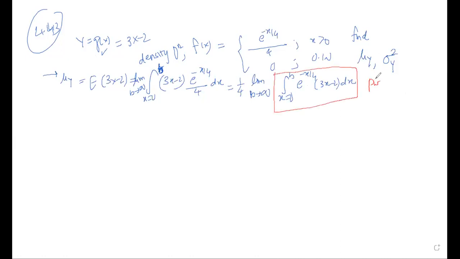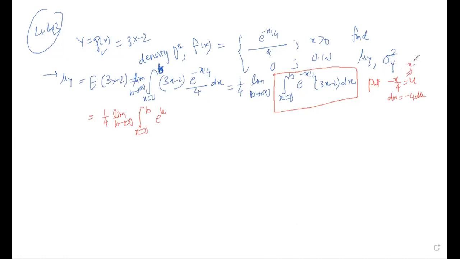Okay, so I would like to use over here negative of x by 4 is equal to u. So naturally dx is equal to negative of 4 du. If you plug this value over here, you're going to get that is equal to 1 by 4 and limit b tends to infinity and integration x is equal to 0 to b e to the power negative x by 4, so e to the power u, and 3x, x is equal to this one.